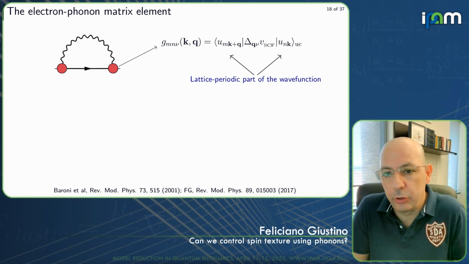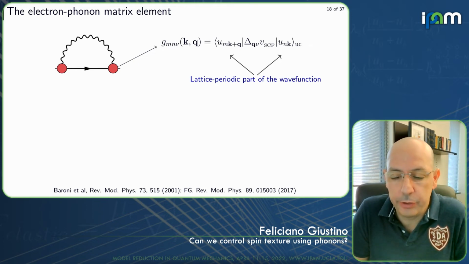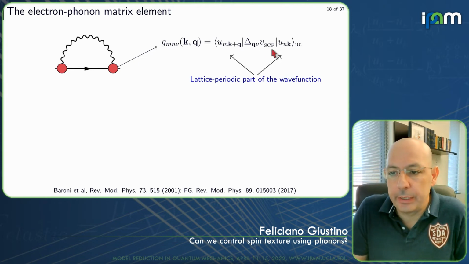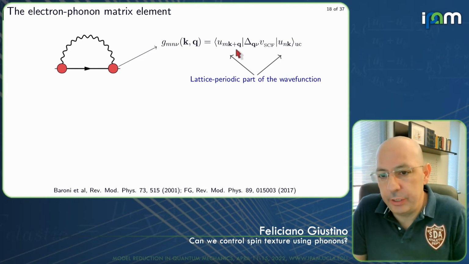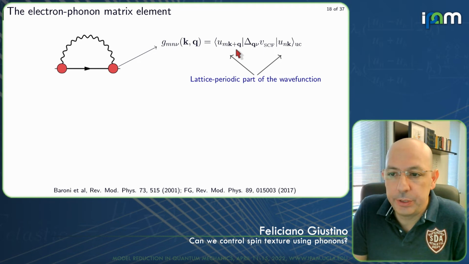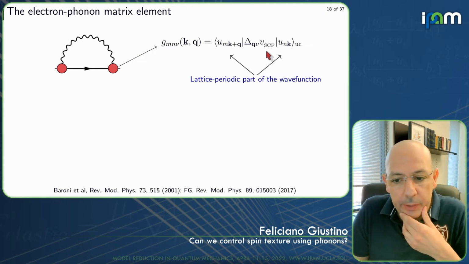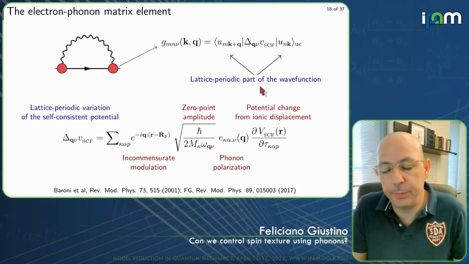One doesn't usually go further than that, because already things are very complicated at this stage. Calculating electron wave functions in DFT is now pretty straightforward and not expensive at all. The complexity is in the evaluation of this quantity. So let me explain what it is made of.